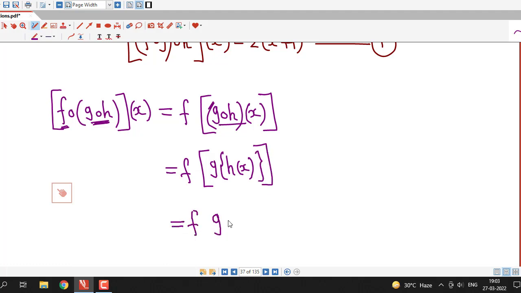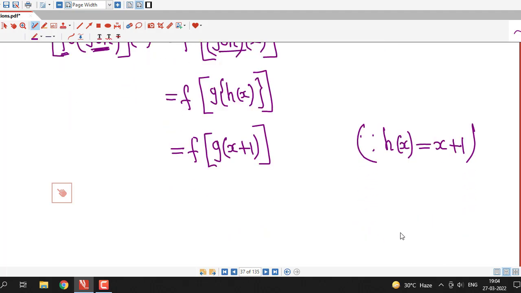Now I use the definition of h(x), which is x plus 1. h(x) is given by x plus 1. Here we write the bracket. We will mention that we are using the definition of h(x), which is h(x) equal to x plus 1.